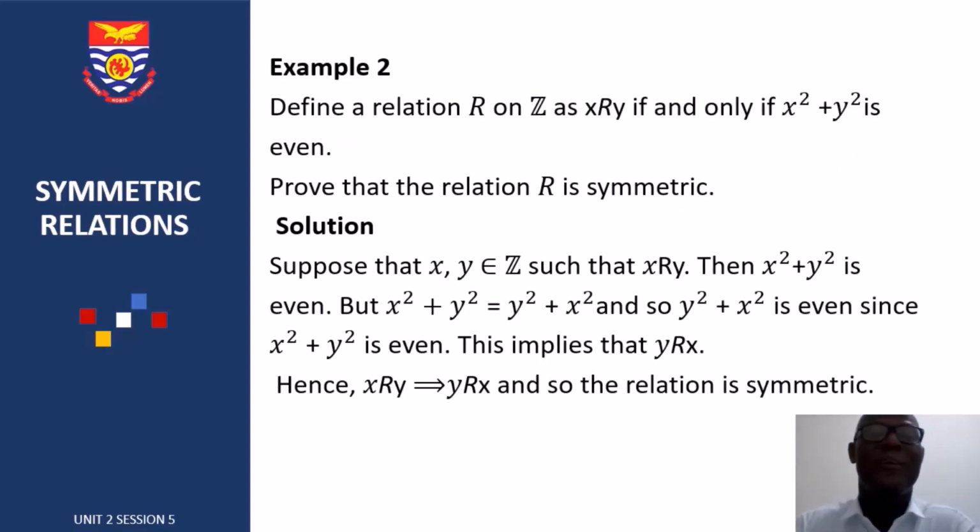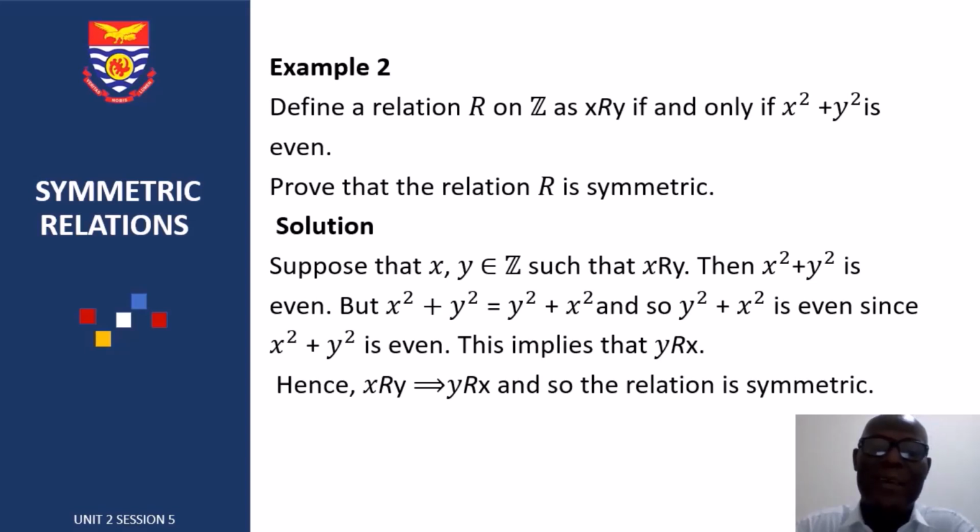Symmetric relations. Example 2. Define a relation R on Z as x is related to y if and only if x squared plus y squared is even. Prove that the relation R is symmetric. Solution. Suppose that x, y belong to Z such that x is related to y. Then x squared plus y squared is even.